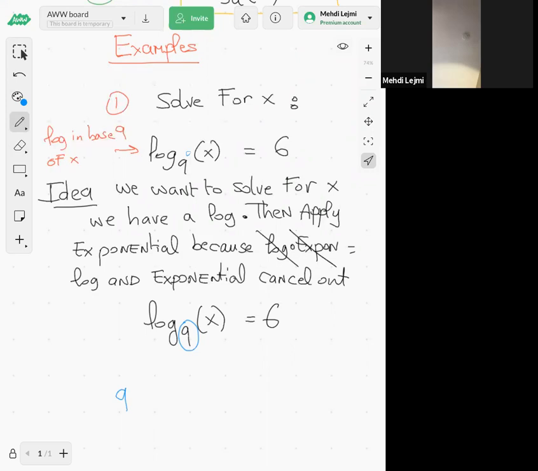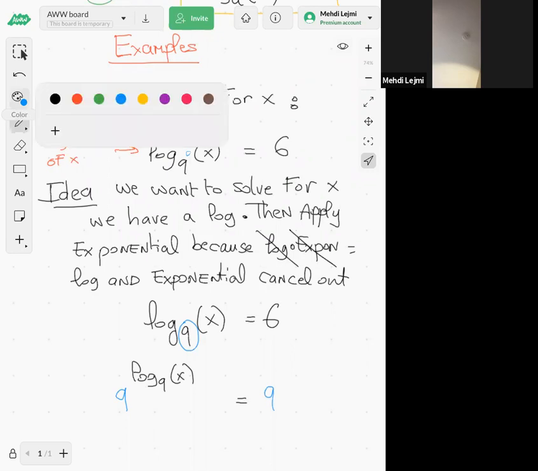Okay. And then I'm going to have this log. So 9 to the power, this is a power, log in base 9 of x. And on the other side, I'm also going to have 9, but the power would be the right-hand side, so that would be 6.